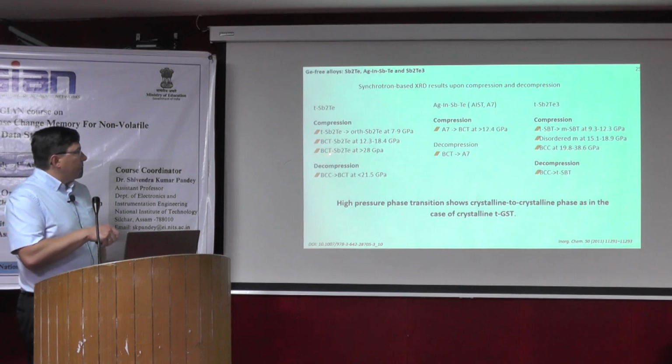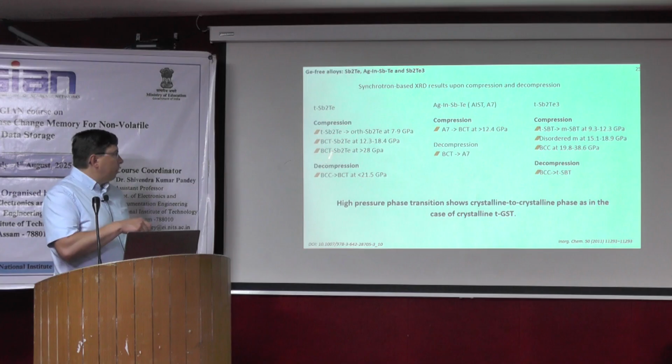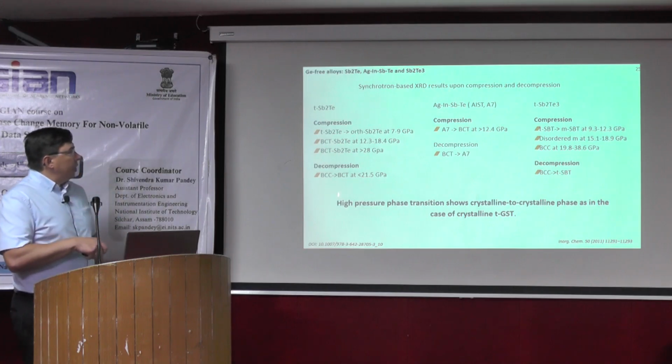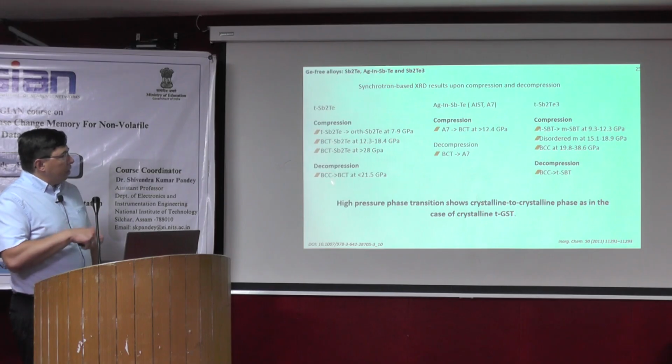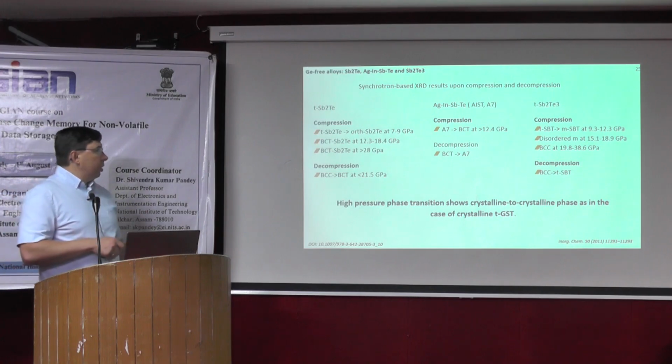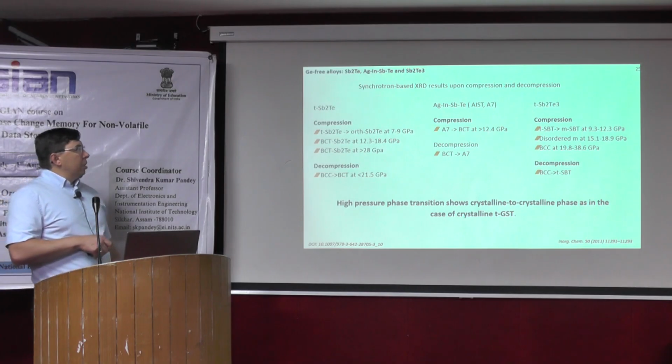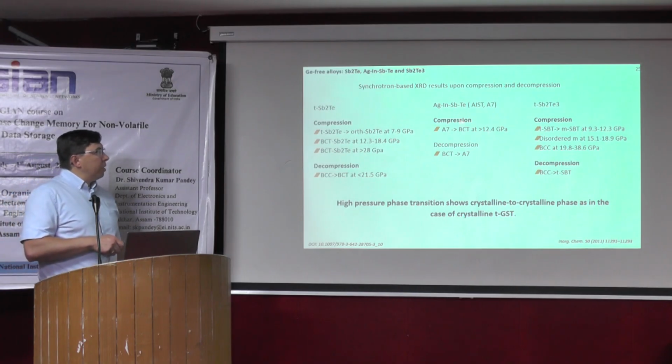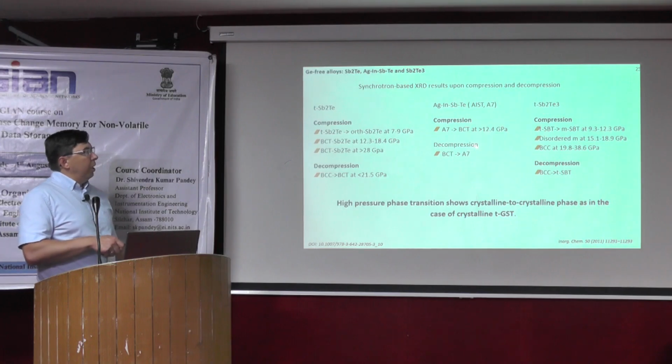Sorry, it's a mistake, it should be BCC. And then the BCC is transformed back to the BCT. So again there is a crystalline transition, but there is no memory effect like in the case of the trigonal phase. AST is transformed from the A7 structure to the BCT, and then from BCT back to the A7 structure.